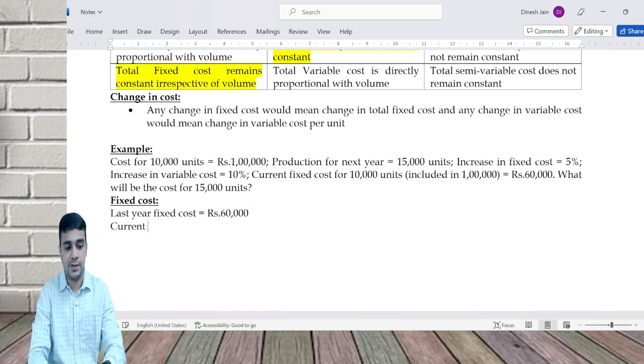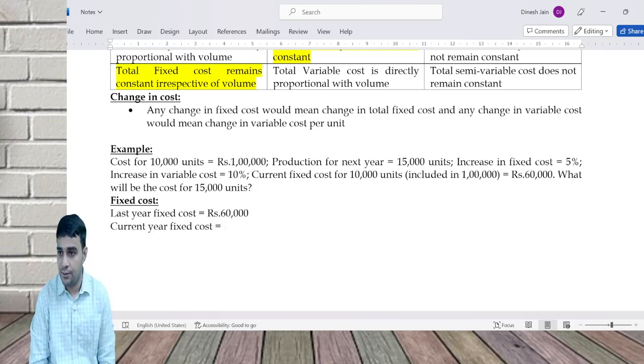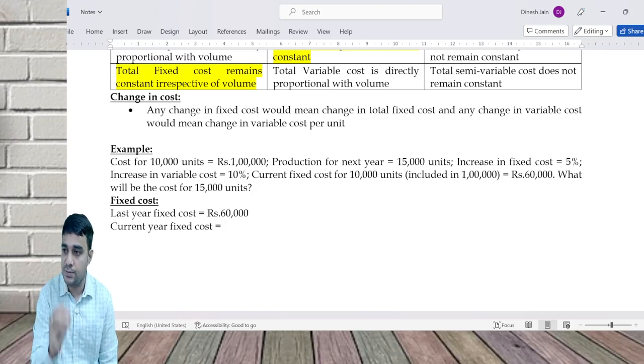Current year fixed cost is equal to, will ideally be the same 60,000 only unless there are changes, because output goes up, output comes down, fixed costs do not change. Only thing is the question has mentioned some change.